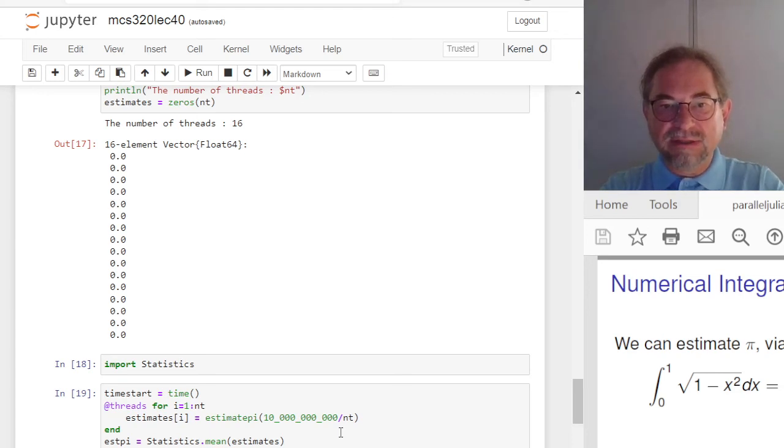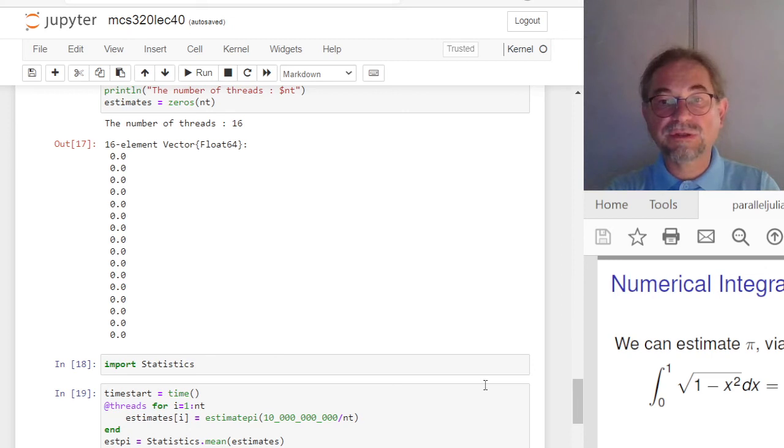Okay, so I start the timer, and the calculation actually also includes here the computation of the mean, which is a sequential operation. So I could have swapped these two statements, but perhaps in a better computation, we are interested in the total elapsed time, which also includes this sequential time, which is essentially just adding up these numbers and dividing by 16.